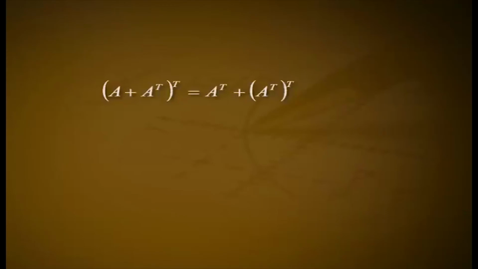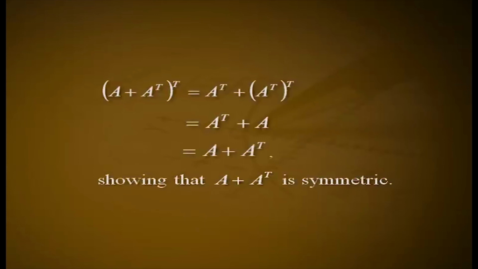This completes the proof. Theorem 3: if A is a square matrix of any order, then A plus A transpose is symmetric and A minus A transpose is skew symmetric. Proof: transpose of A plus A transpose is equal to A transpose plus transpose of A transpose, which is equal to A transpose plus A, which is equal to A plus A transpose, showing that A plus A transpose is symmetric.